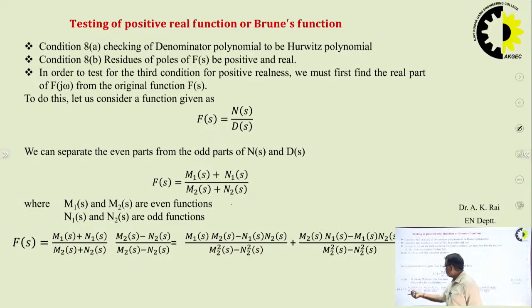Now, what will we do? Multiply by the conjugate of the denominator, m2(s) minus n2(s). We get m1(s)m2(s) minus n1(s)n2(s) over m2 squared(s) minus n2 squared(s), plus the remaining terms. Look here: m1 is even and m2 is even, so the product of two even functions is also even. n1 is odd and n2 is odd, so the product of two odd functions is even.